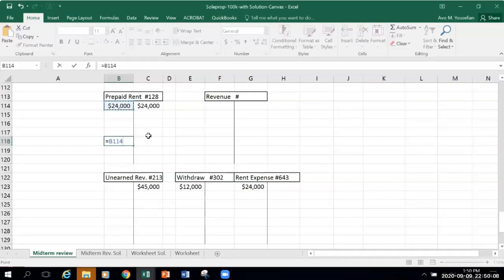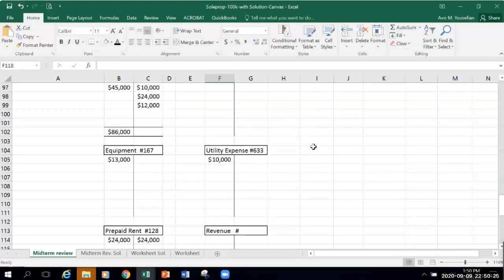Normal balance for any asset is debit side. That's why I'm on the debit side, okay? Minus credit side, enter. And there you go. It's a $0 prepaid rent, updated. Perfect.